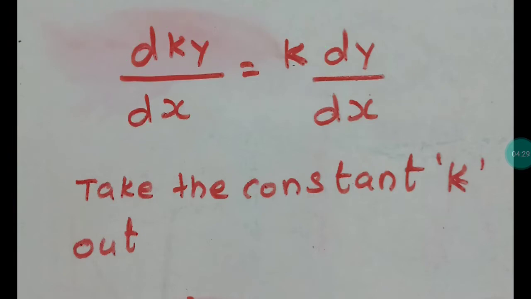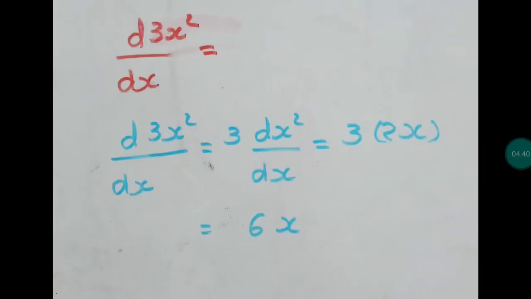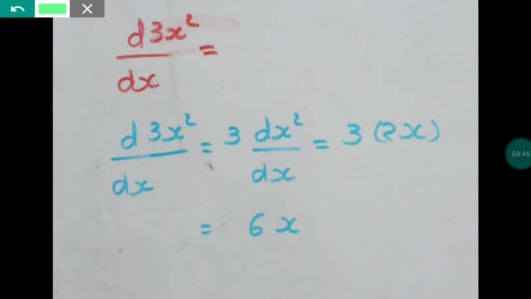Let's see an example based on this. Here we have this question, d/dx of 3x square. Now in this 3x square, what is constant? 3 is constant. So what happens to that 3? 3 can be taken outside. You can see this. This was 3, and I have taken this 3 from inside the differentiation to outside. And what happens to the rest of the problem, d/dx of x square?